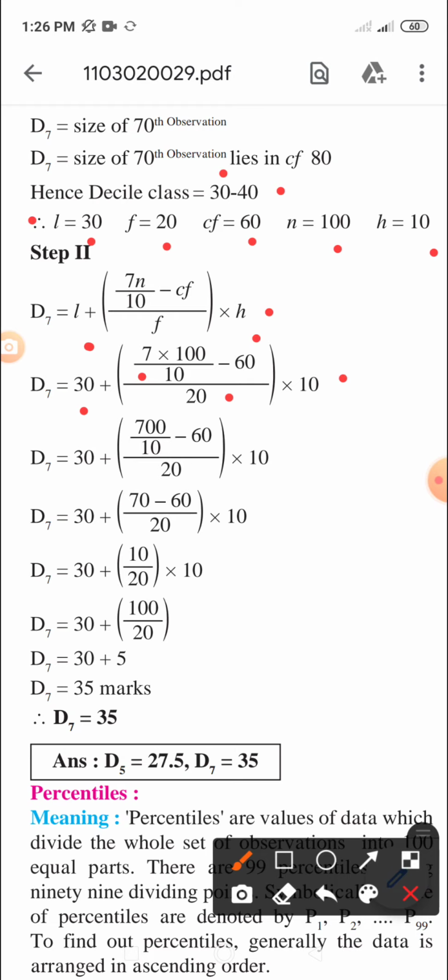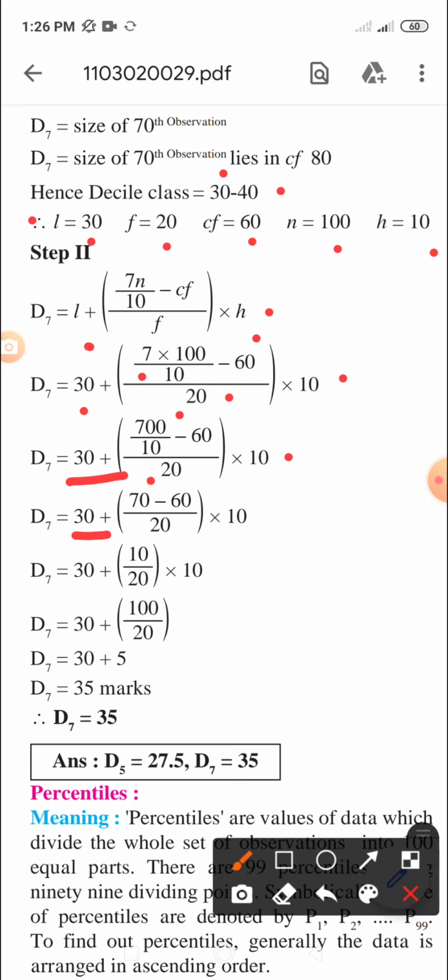So 30 plus 7 into 100, 700 upon 10, 70, minus 60 upon 20 into 10.